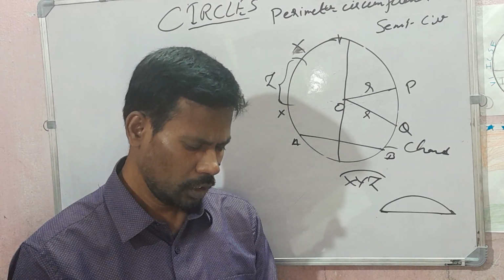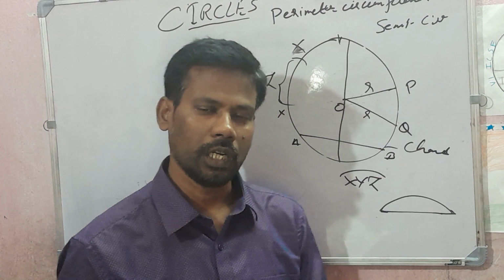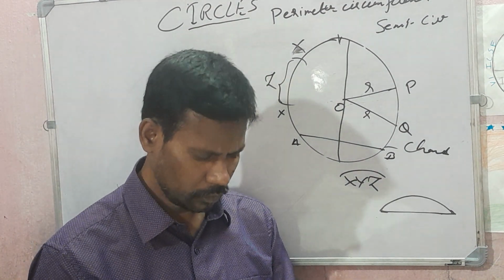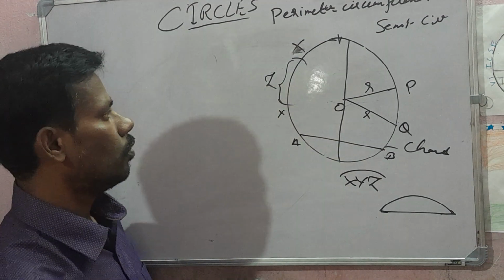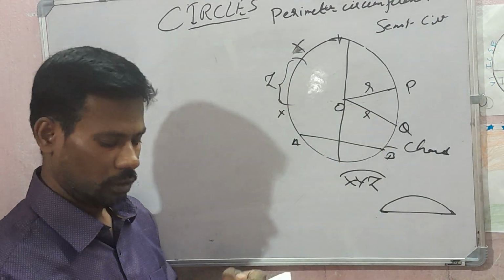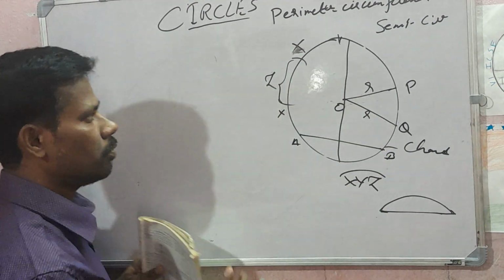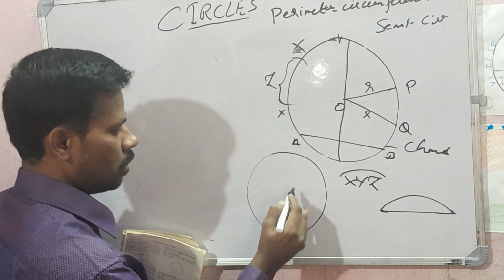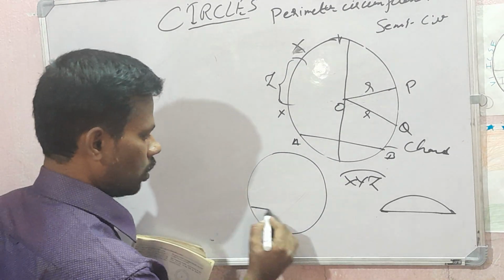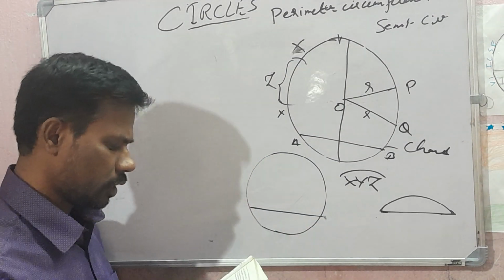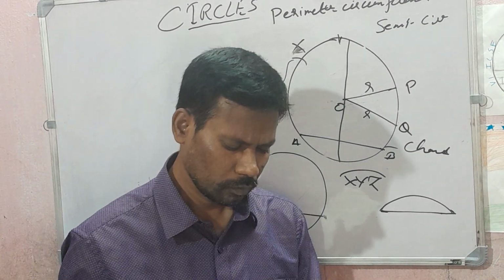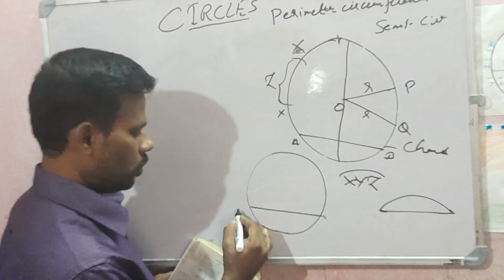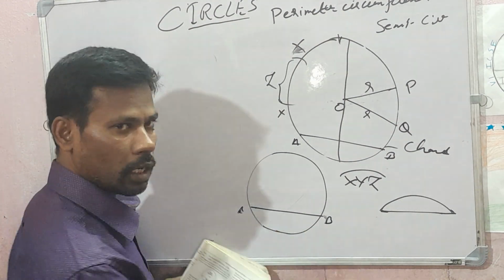Next, segment of a circle. This is a new word for you, right? So whatever I have taught, it is clear. Now segment of a circle. Suppose AB is there, a chord is there.